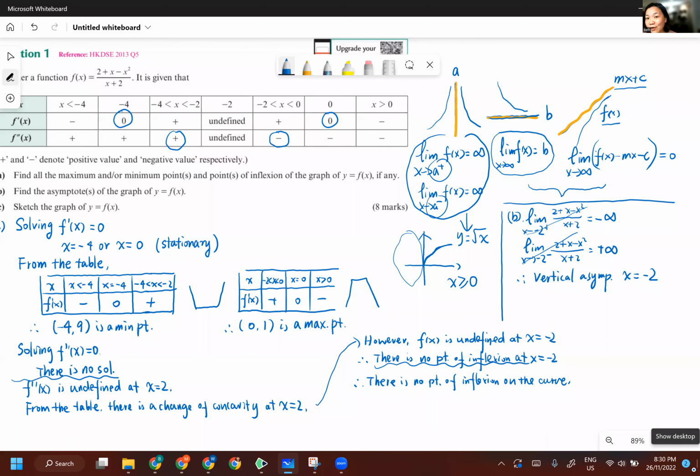And I opt for oblique. Why? Because in my mind, I already know the numerator is much larger than the denominator, if you know what I mean. The numerator is much larger than the denominator by, one moment.